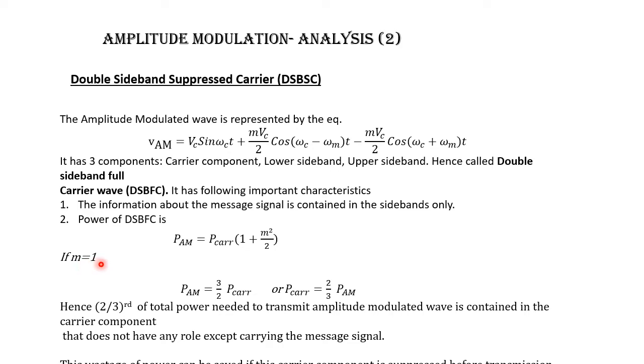If m is equal to 1, that is if the modulation is 100%, then PAM is equal to 3 by 2 into P carrier, or we can say that P carrier is equal to 2 by 3 PAM. In other words, if we want to propagate the amplitude modulated wave, then the power needed to propagate the carrier wave is 2/3 of the total power needed.